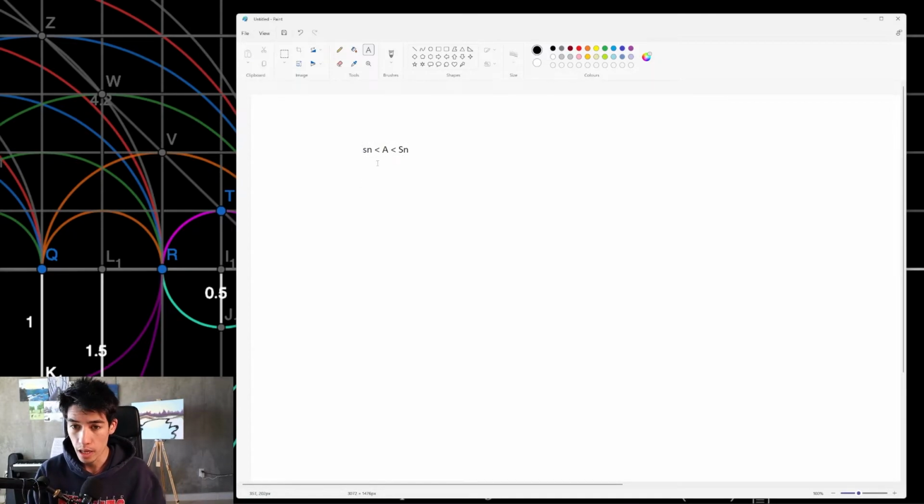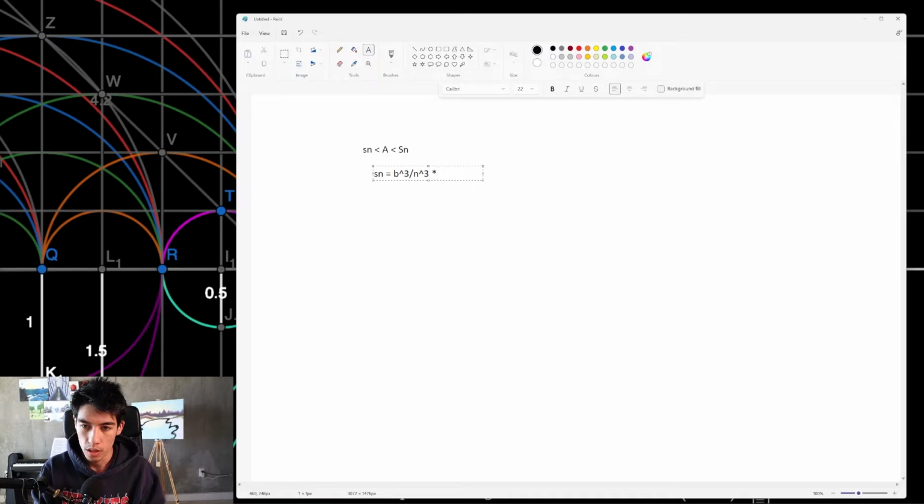We expressed the lower bound as being arithmetically equivalent to b cubed over n cubed multiplied by the sum of squares all the way to the n minus 1 term.